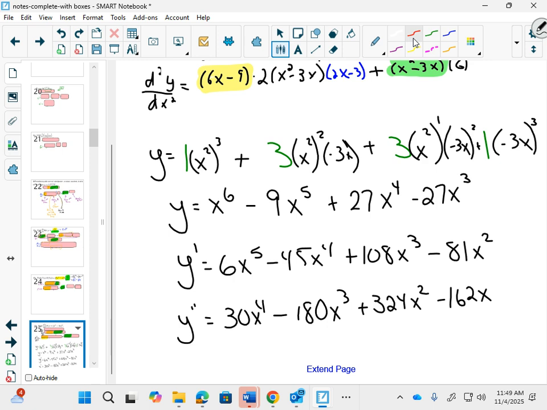My second derivative was relatively easy. My third derivative would be not hard from here either, because if you just have the power rule, then the next derivatives are easy.